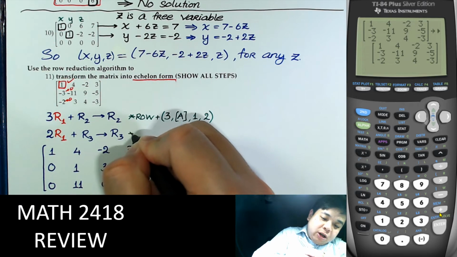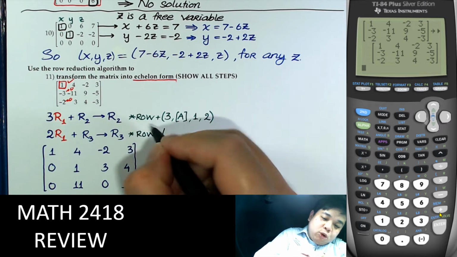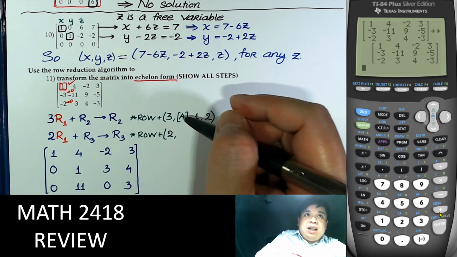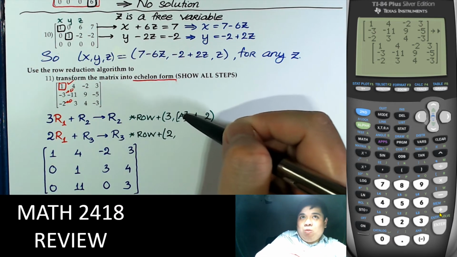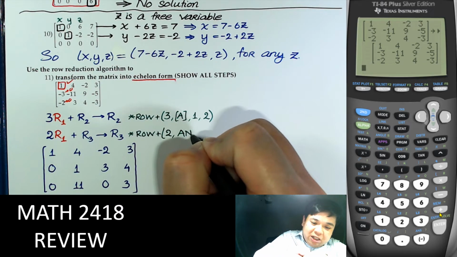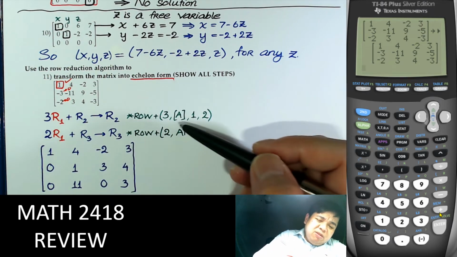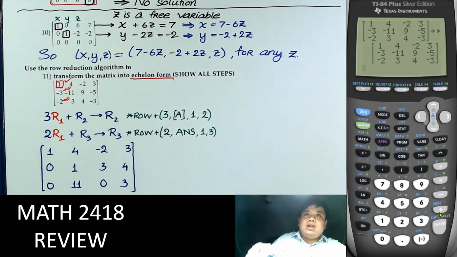And then the next one, row and add. This time we multiply by 2. Notice, if we use A again, it will apply to this matrix. What we want to do is apply to the last entry, so we use the answer instead of the A. Multiply row 1, add and replace the row 3. Right, so we do that.